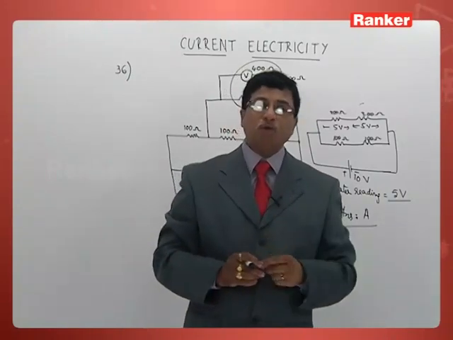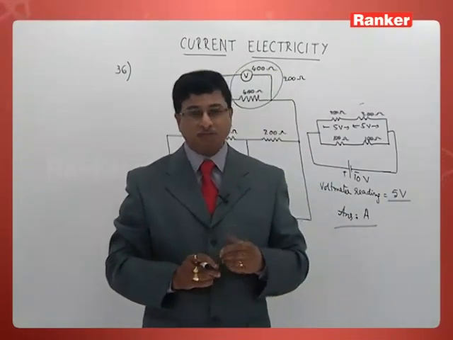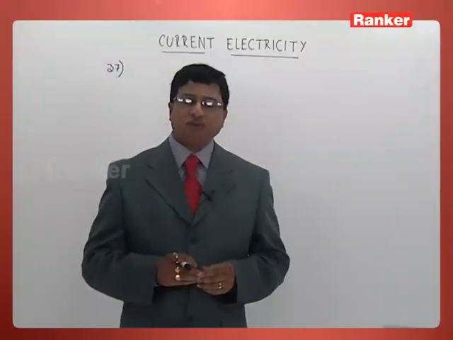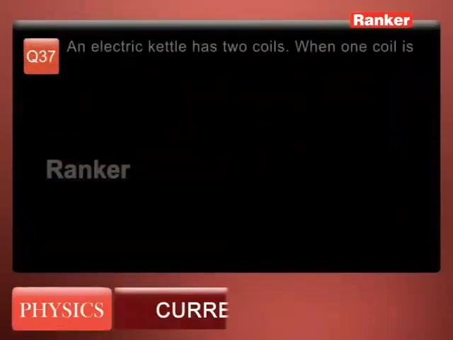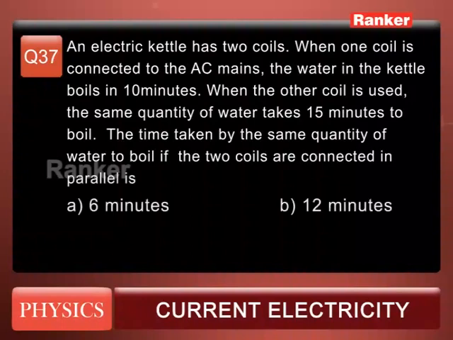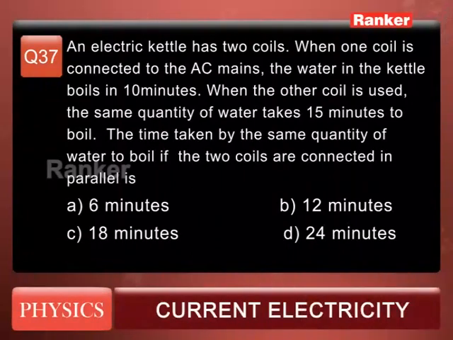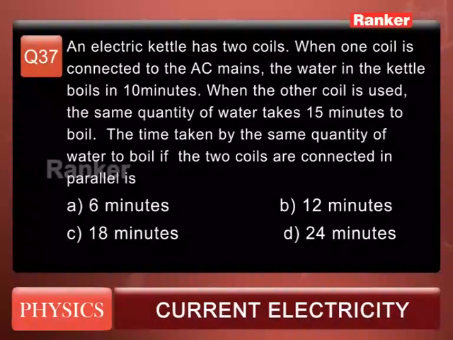So this is problem number 36, of which the correct answer is 5 volt, which tallies with the first option for us. Let us check problem number 37. An electric kettle has 2 coils. When one coil is connected to the AC mains, the water in the kettle boils in 10 minutes.